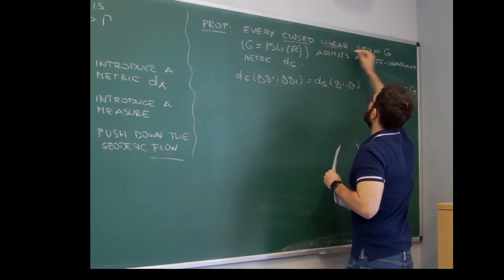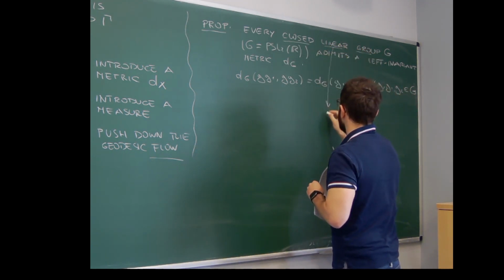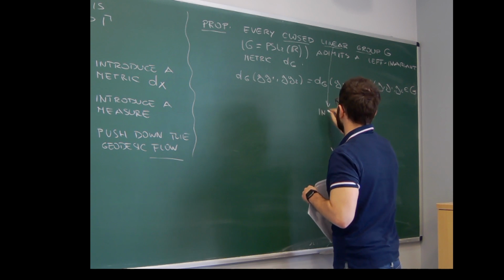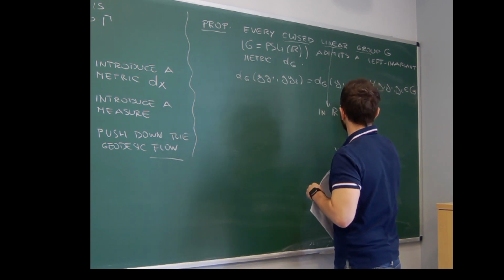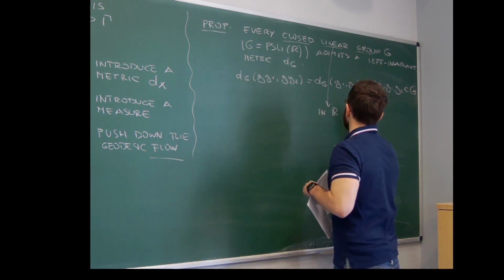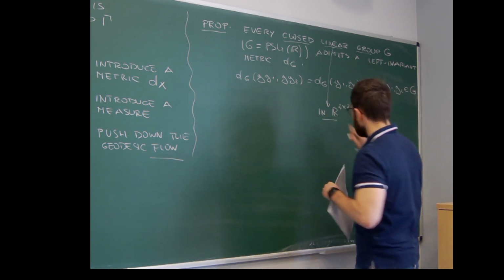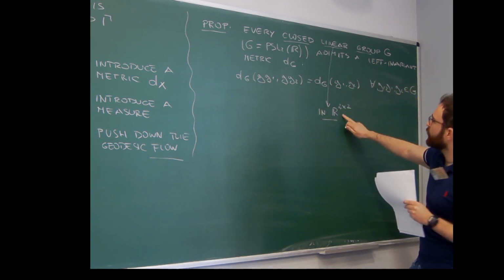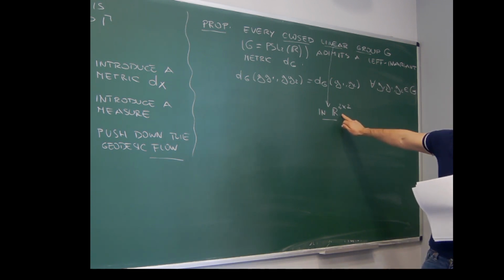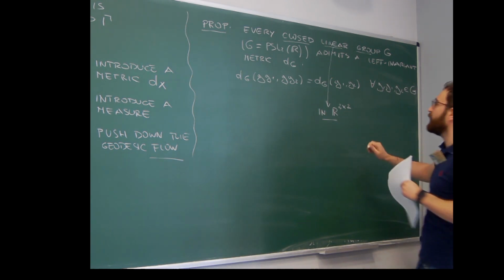This is just, say, in R2 by 2, the set of matrices with real coefficients, 2 by 2 matrices.